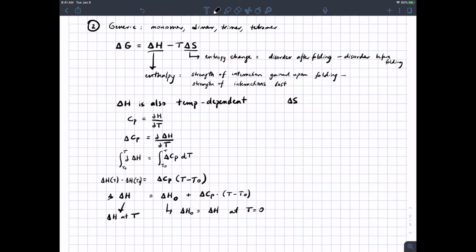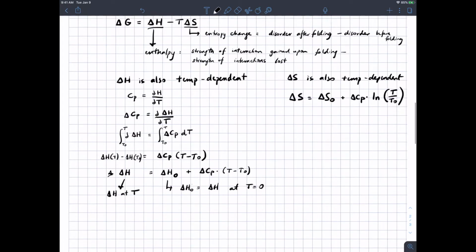Entropy itself can have a temperature dependence. And I won't derive this one for you. I forget sort of where it comes from, but it has a similar form. Delta S equals delta S at some reference temperature plus delta Cp times, this time, the natural log of temperature divided by reference temperature.